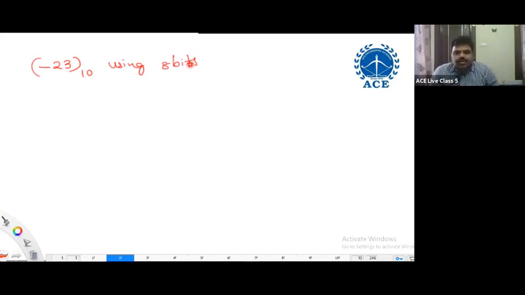Find signed magnitude, 1's complement and 2's complement representations of minus 23 decimal using 8 bits. You need to find signed magnitude, 1's complement and 2's complement representations.